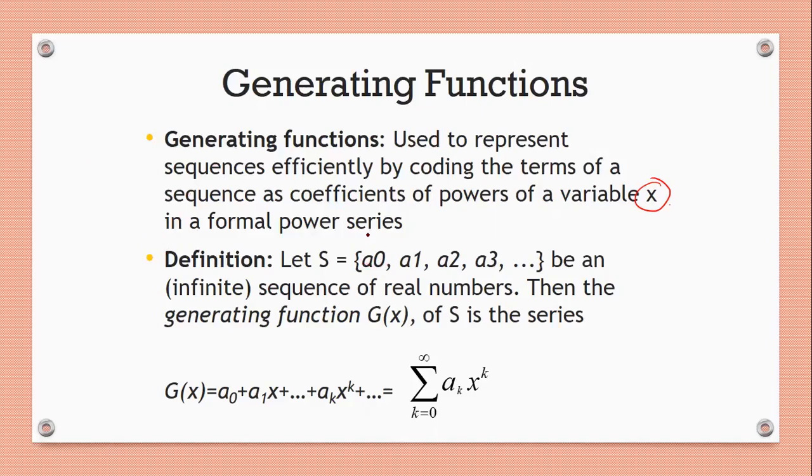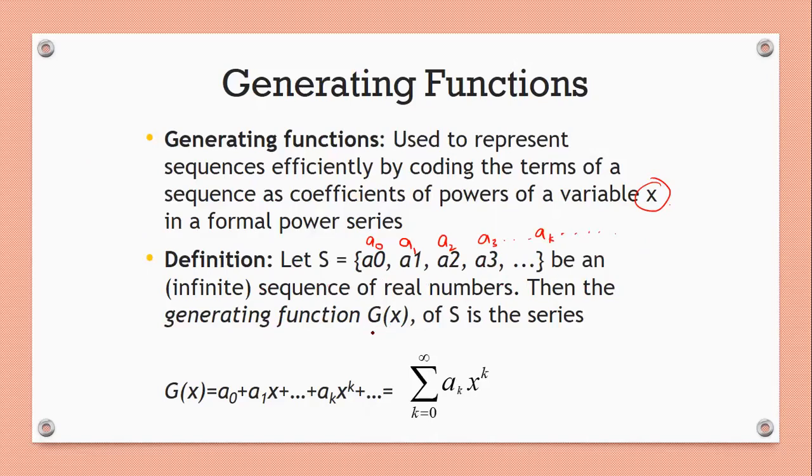Suppose we have the terms a0, a1, a2, a3, and so on up to ak and up to infinity, of real numbers. So we have an infinite sequence of real numbers.